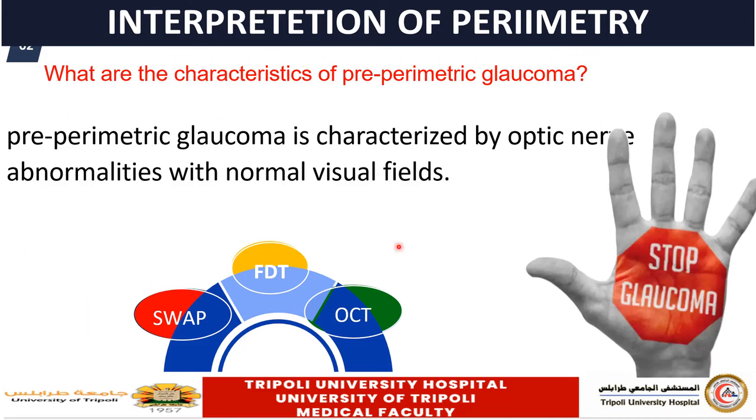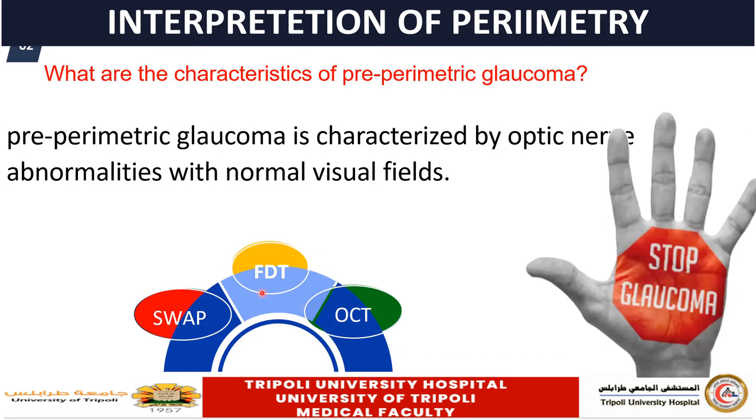So by the end of this lecture, our aim is to highlight the importance of reading the visual field map, and our aim beyond the interpretation of the perimetry map is the early detection of glaucoma by using the available technologies in the form of OCT or short wavelength automated perimetry or frequency doubling perimetry.